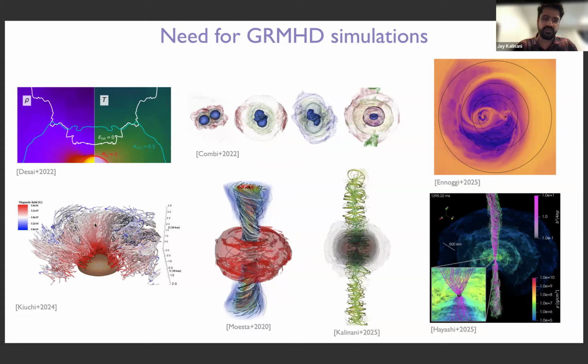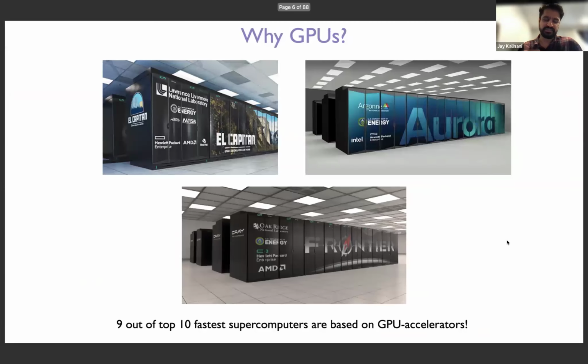And then next, if you also want to model magnetic instabilities like MRI or Kelvin-Helmholtz instability or magnetorotational instabilities, you can do that through GRMHD. And my favorite topic is also to model jets, either from a post-merger remnant neutron star, or even from a black hole around an accretion disk. So that's the main motivation to do GRMHD.